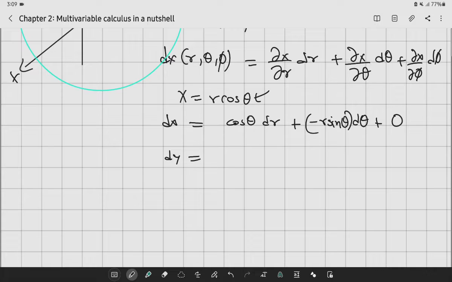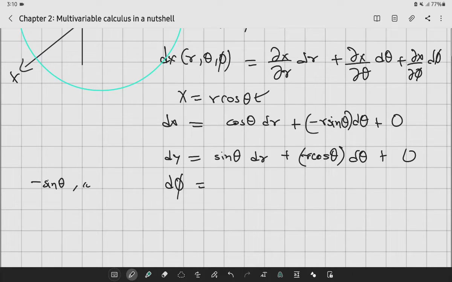I'll just give you the final results here. dy will be sin theta dr plus r cos theta d theta plus 0, and dz will be, oh, it's not dz here, it's d phi. d phi will be, let's see, I have phi, which is minus sin theta cos theta and 0.